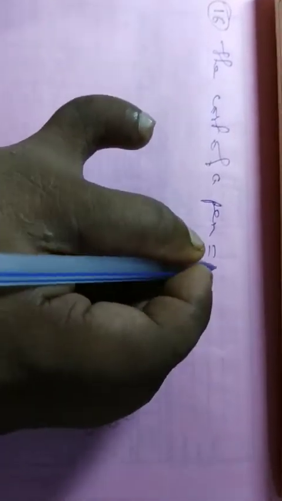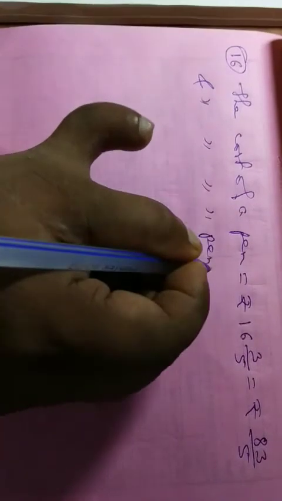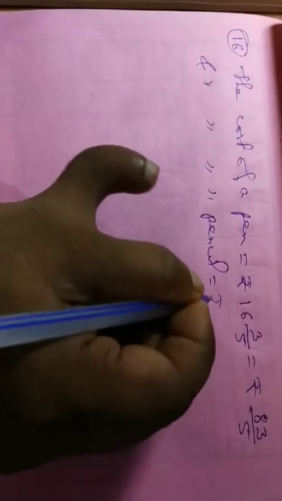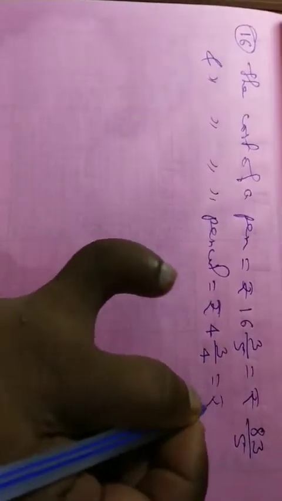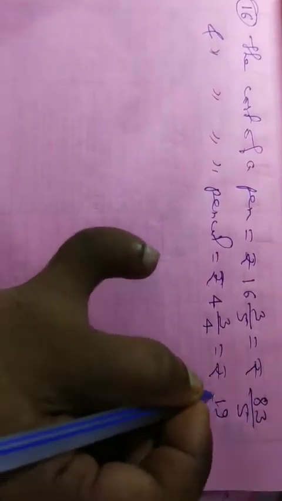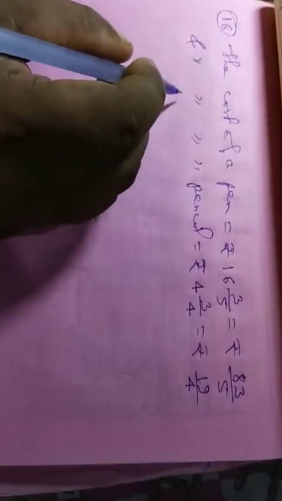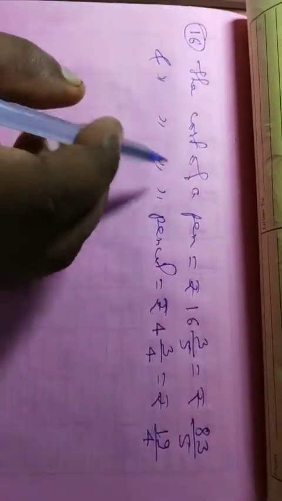The cost of a pen is equal to rupees 16 and 3 by 5, rupees 83 by 5, and the cost of a pencil is equal to rupees 4 and 3 by 4, rupees 19 by 4. Which costs more and by how much?